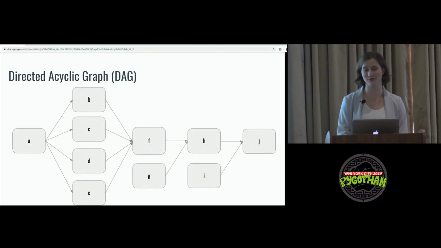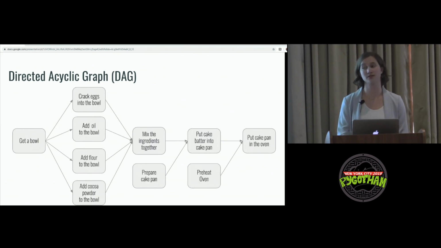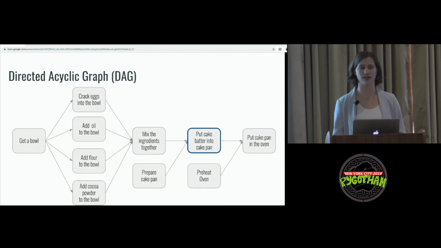So let's go to our foodie metaphor of chocolate cake, because who doesn't like chocolate cake? So when you're making your chocolate cake, you have to get your bowl, you have to get the ingredients, you put all the ingredients in the bowl. Once you have them all in, you're going to mix the batter and so forth. Once you have the batter, and we are looking at putting the batter in the cake pan, we want to make sure our assumptions are met.